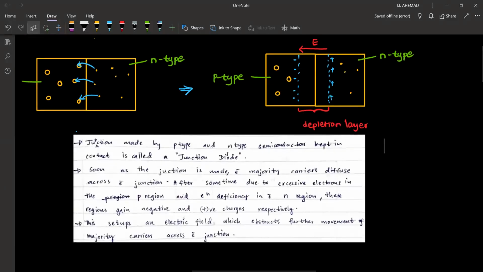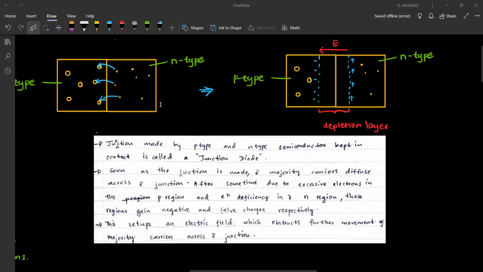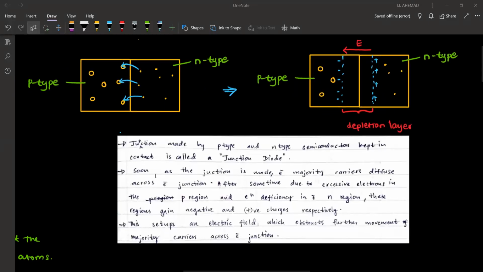Once you have drawn those diagrams, write this also. A junction made by p-type and n-type semiconductor kept in contact is called a junction diode. As soon as the junction is made, the majority carriers diffuse across the junction.